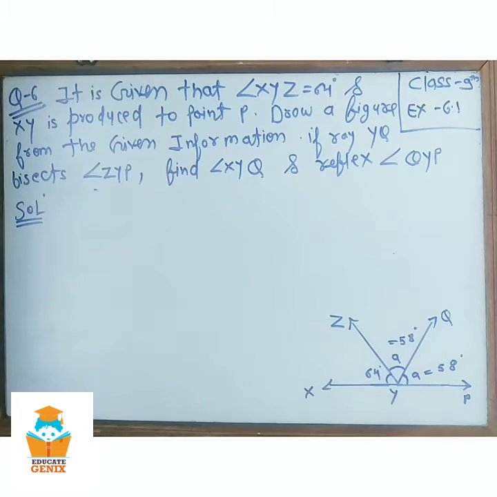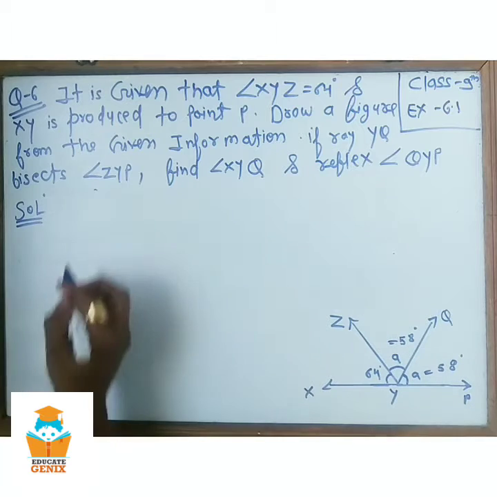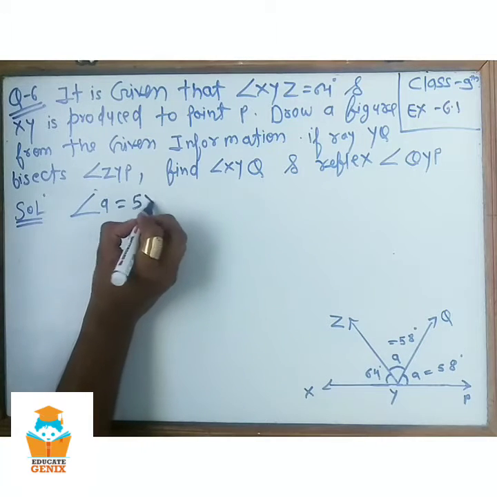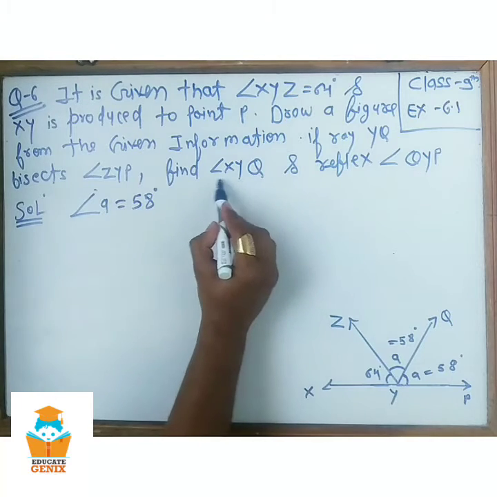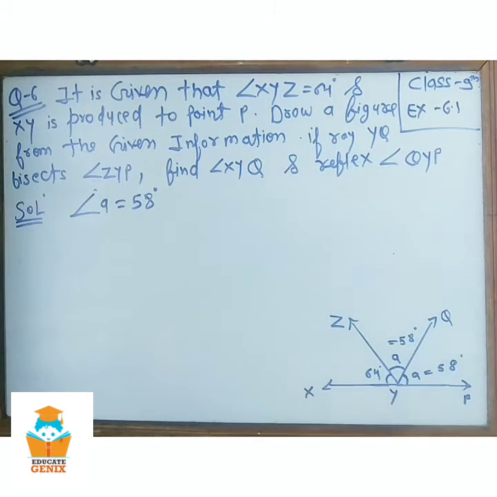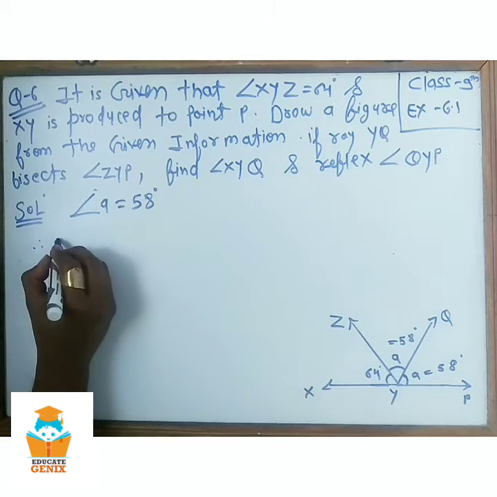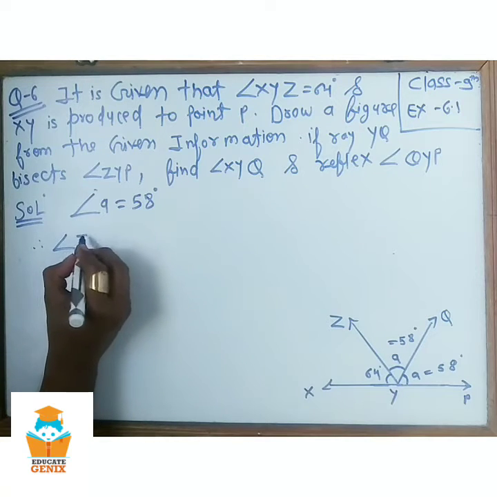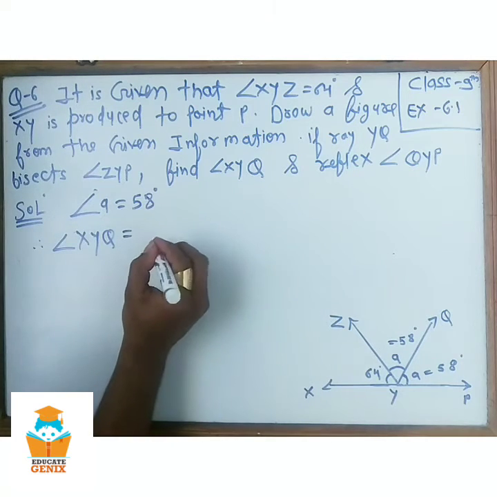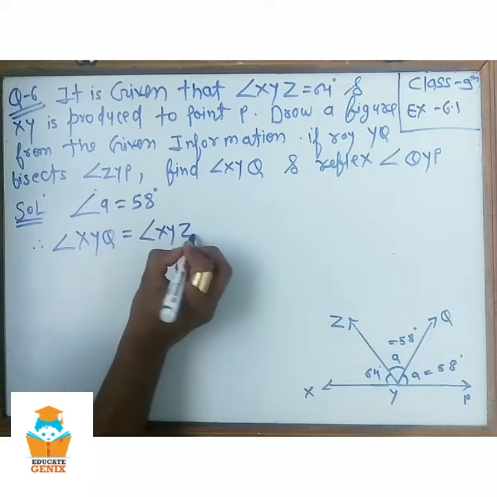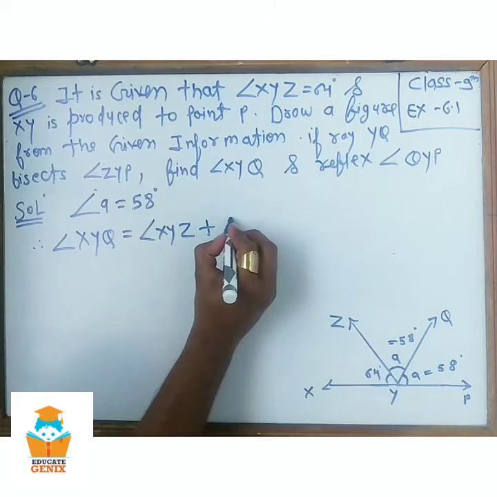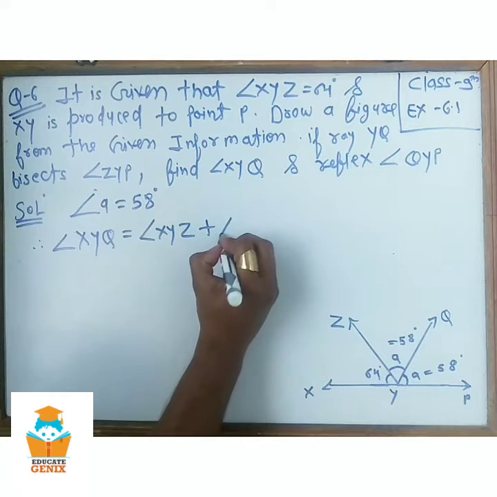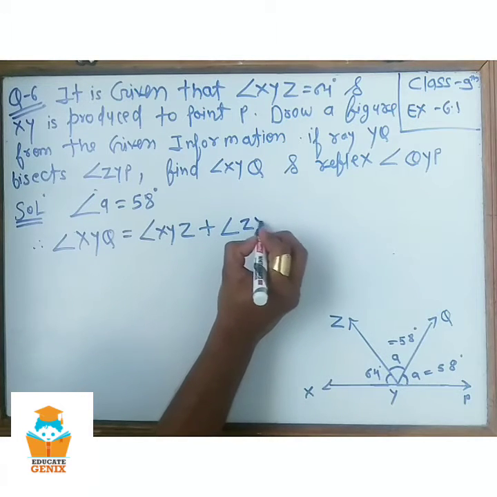As we already found this angle A and this angle A as 58 degrees, so we write angle A equals 58 degrees. And we have to find XYQ. For XYQ, we have to add angle XYZ and angle ZYQ. Therefore, angle XYQ equals angle XYZ plus angle ZYQ.